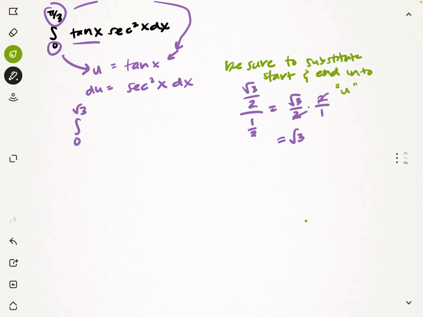And then these two numbers here should reflect the new starting and ending point. Okay, from there we have u du already, so u is tangent x, du is secant squared x dx. So we're just gonna do the antiderivative here.